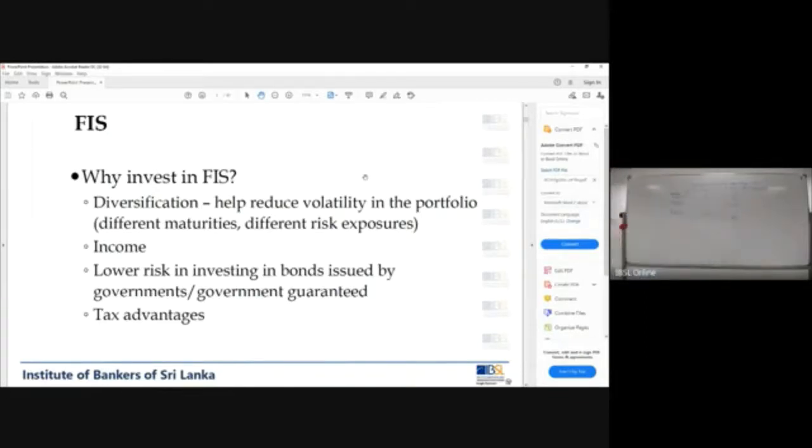Income to be streamlined, to have a stable source of income. Steady income.